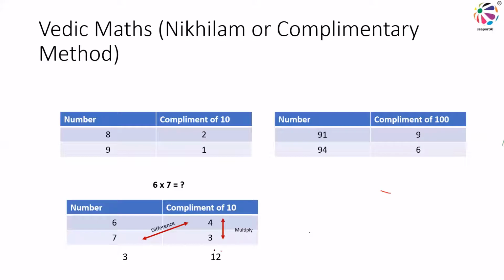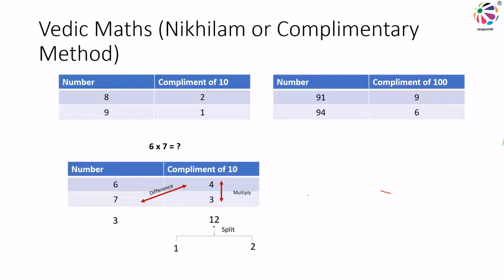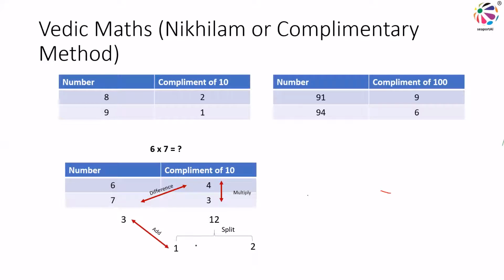But there are 2 digits in this product. The tens digit will be added to the result. So I split the digits: this is units, this is tens. The tens digit will be added to the other number.